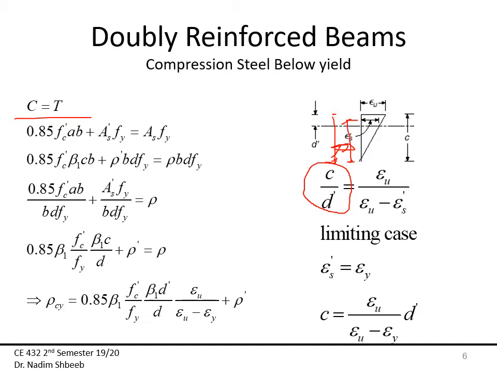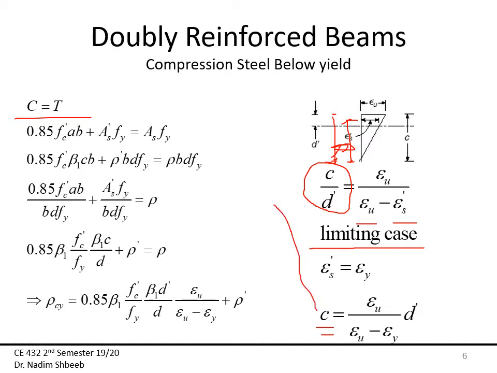From that, I'm going to find that c over d prime is equal to epsilon ultimate divided by epsilon ultimate minus epsilon prime s. Again, my limiting case would be when epsilon prime s is equal to epsilon y. From that, I can find a value for c, which is epsilon ultimate divided by epsilon ultimate minus the yield strain, times d prime.